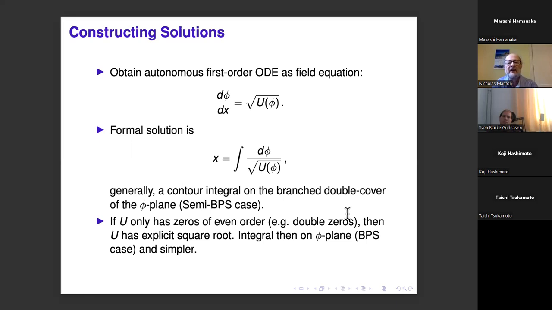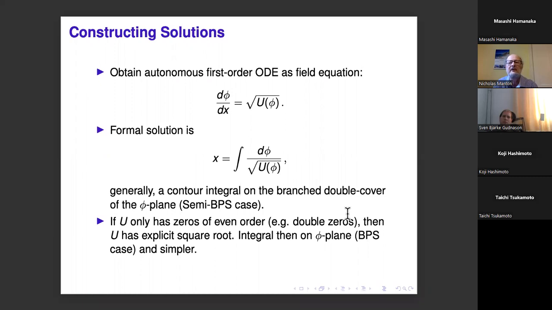Phi is really a real variable, but because of the square root of u, there could be branch points. So the idea is that you start with a variable phi and a phi plane, a sort of complex phi plane where integrals would live.